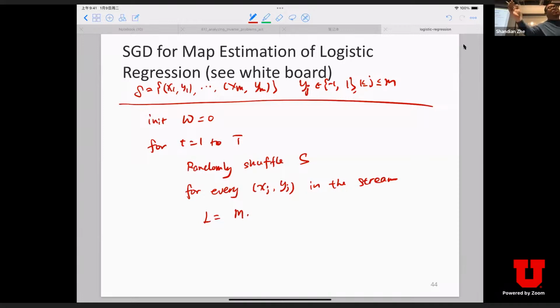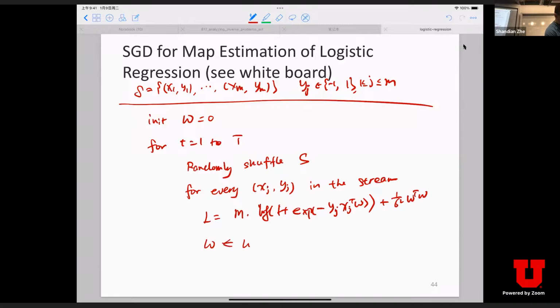You want to match the scale between the regularizer and the true data loss, as we discussed previously, to make sure your stochastic gradient is unbiased. So you multiply your logistic loss, 1 plus exp of minus yj xj transpose w, by m, plus your regularizer. Then you take the gradient.